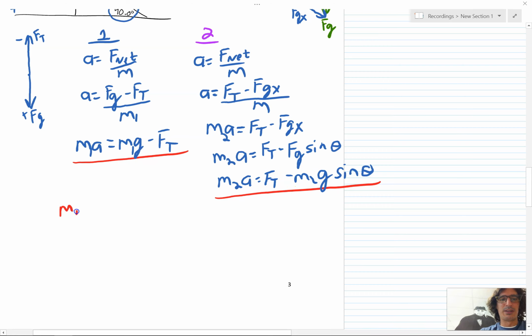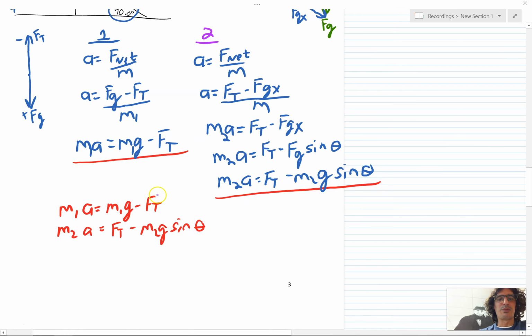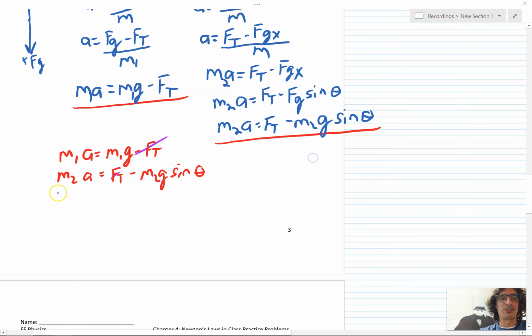I'll rewrite it. M1A equals M1G minus F of t. The other equation, M2A equals F of t minus M2G sine theta. Our F of t's, we have a negative on the top and a positive on the bottom, so those become 0. Now we just add up our equations.